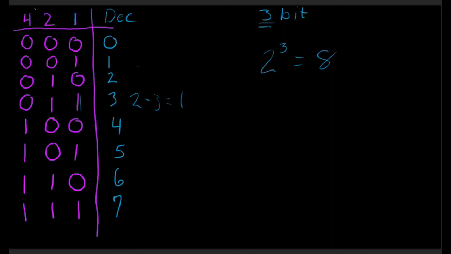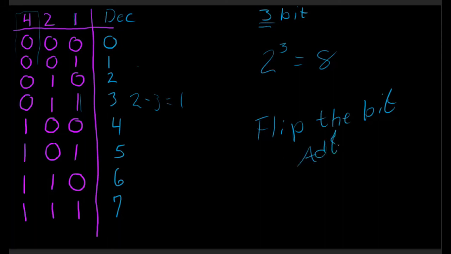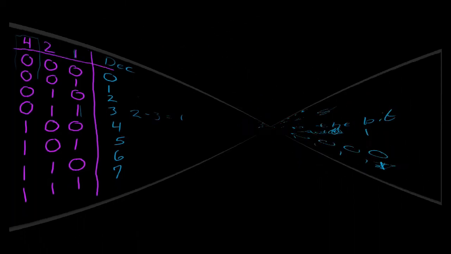In our 3-bit world, we take this bit right here and use it for whether it's positive or negative. And remember for 2's complement, you flip the bits and add 1. That will give you the negative number.